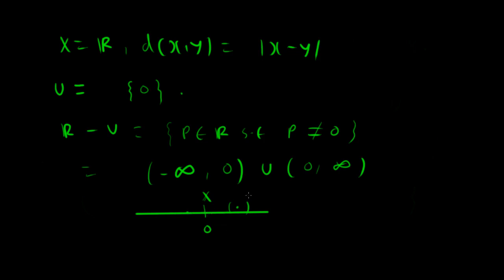Just make it small enough. So this R without U is open, and therefore U is closed. It's important to remember here that closed means you have to look at the stuff that's not in U. If you want to look at open, you need to look at the points that are in U, and if it's closed, you need to be thinking about the points that are not in U.